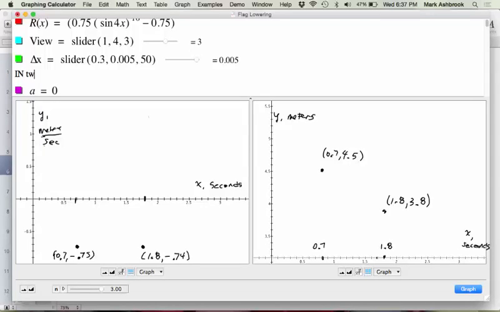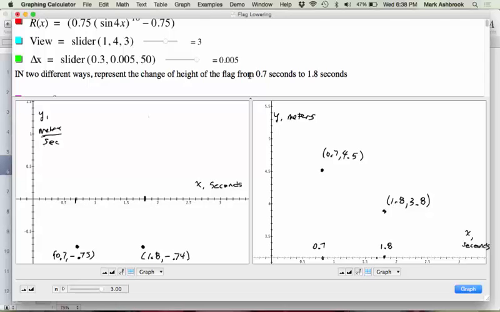in two different ways represent the change of height of the flag from 0.7 seconds to 1.8 seconds. So I need to name these functions here.